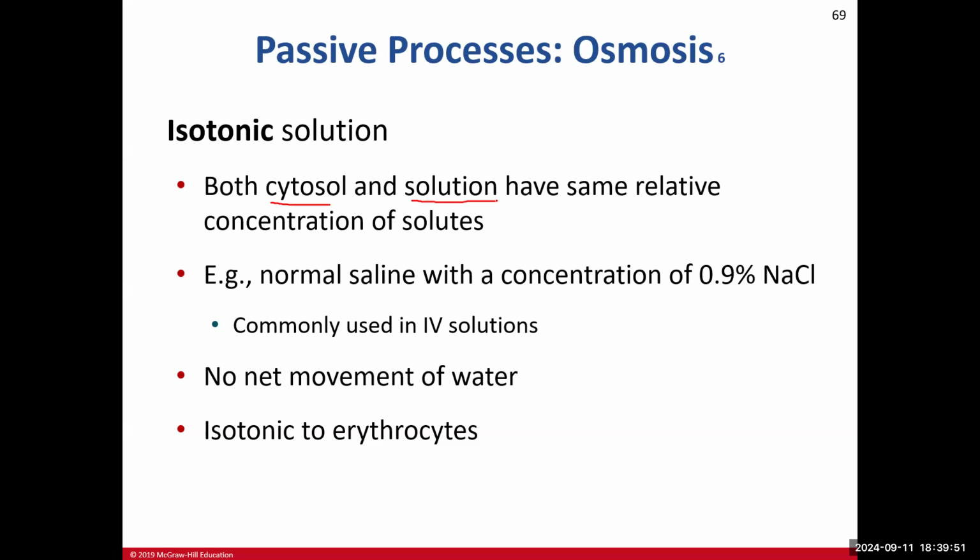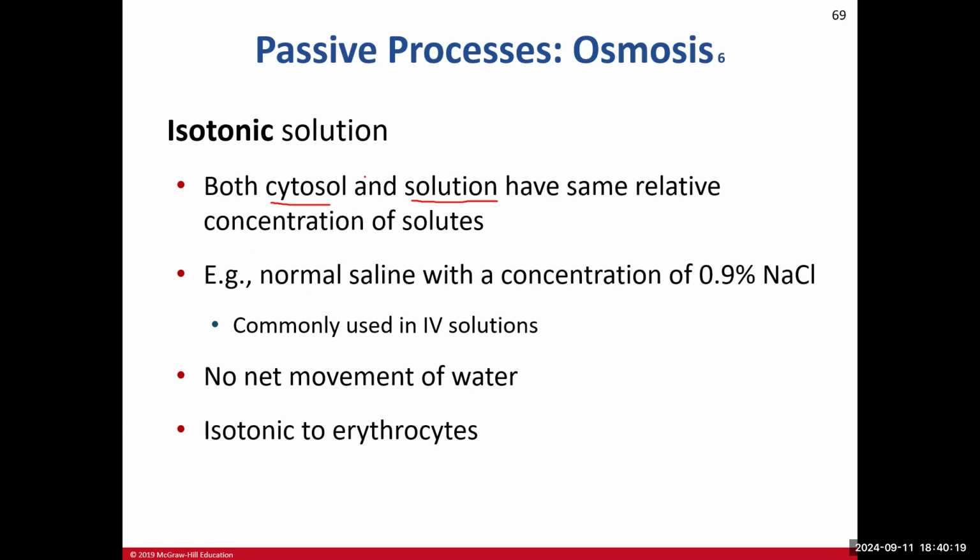We want to maintain, remember homeostasis, we want to maintain that normal blood pressure range. 140 over 90 is the high end, 90 over 60 is the low end. We want to keep you in that range there, one, to save your life, right, as you're bleeding out. So what did I say? If you increase your blood volume, you increase your blood pressure. That's essentially what they're doing when they're giving you normal saline. They're increasing your blood volume to help maintain or increase your blood pressure there.